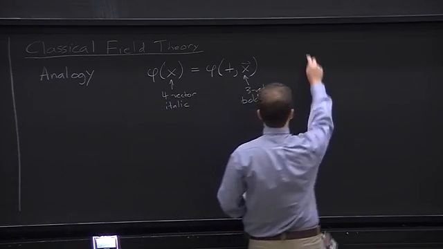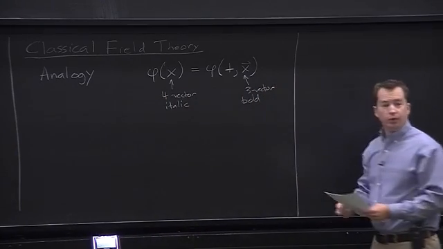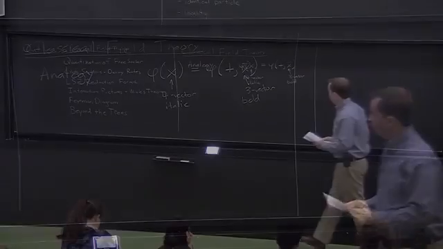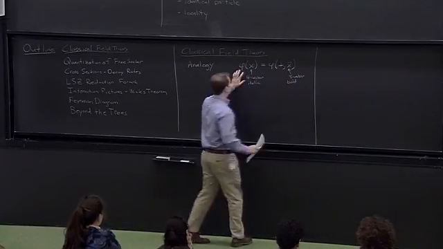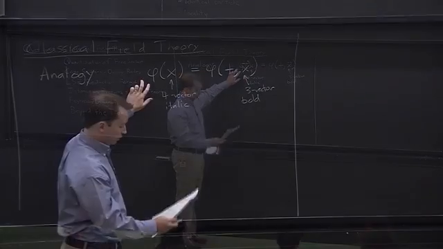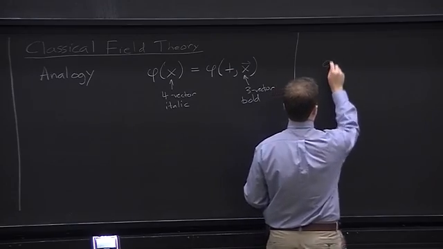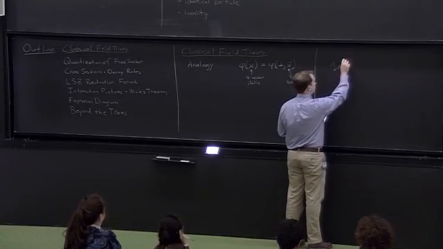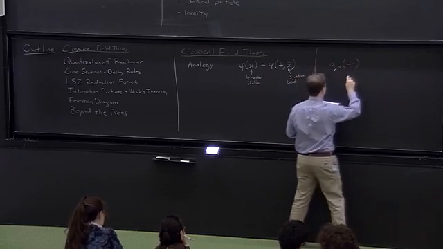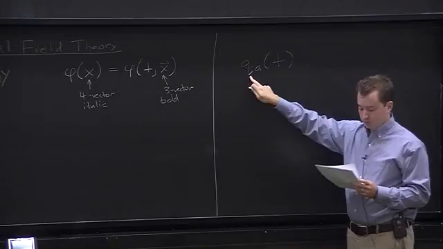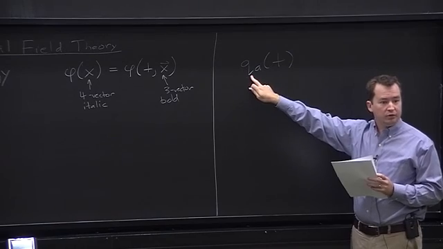And the analogy we're going to make is that a classical field is like a set of generalized coordinates from classical particle mechanics.